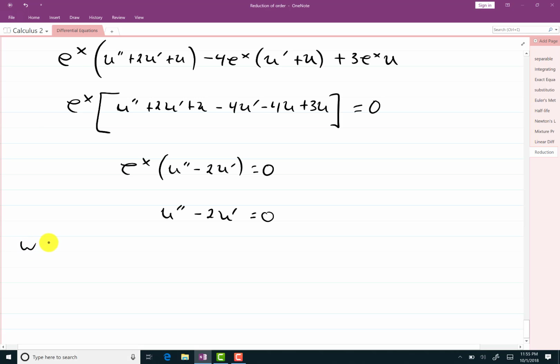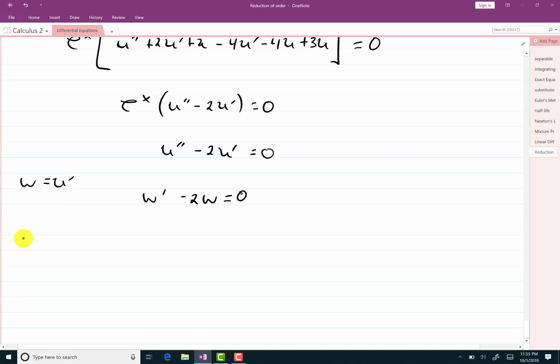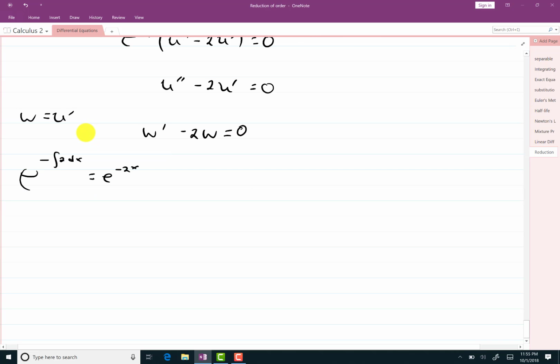Once again, w equals u prime. So we're solving the equation w prime minus 2w equals 0. The integrating factor, e to the negative integral of 2 dx equals e to the negative 2x. And so I multiply the equation by that.